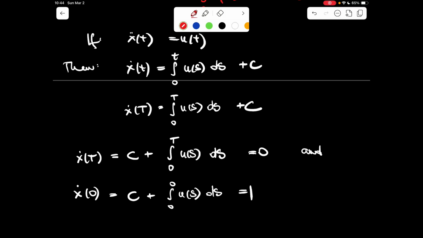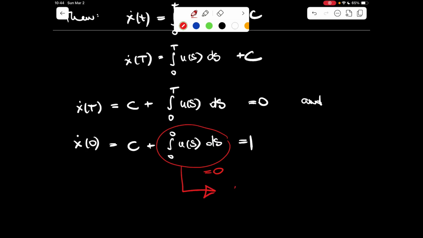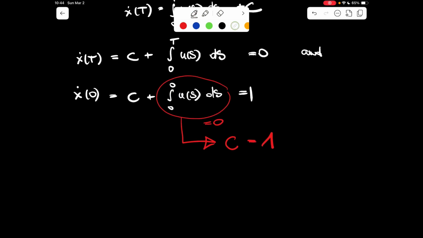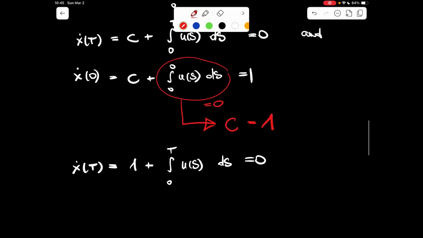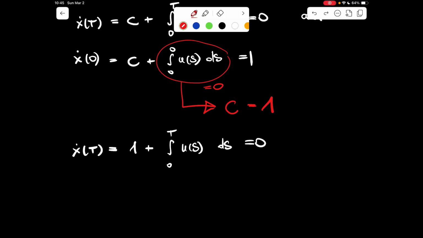So this part must be 0, and from this it follows that c, the unknown constant, is 1. And given this, the first condition takes the form that 1, so the constant is 1, plus the integral between 0 and t, u(s) ds is 0. Okay, and this part must be -1.